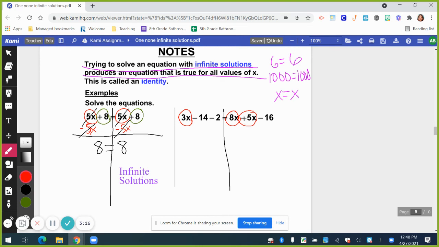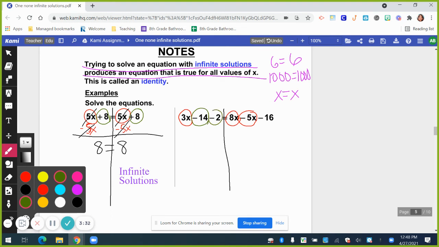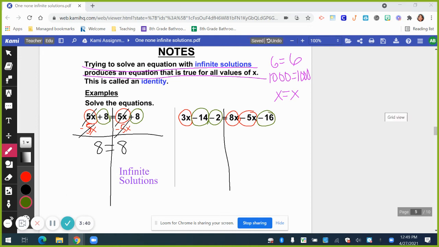If you notice, right here, there's a minus sign, and I made sure to circle that because that's going to let us know what operation we need to do. Now I'm going to go ahead and circle my integers. You notice that I make sure that I am circling my operation for that one too.